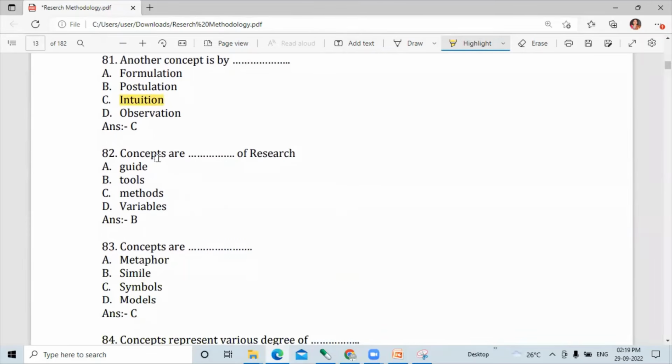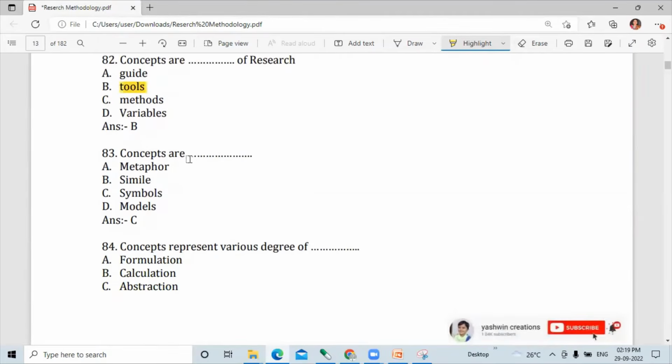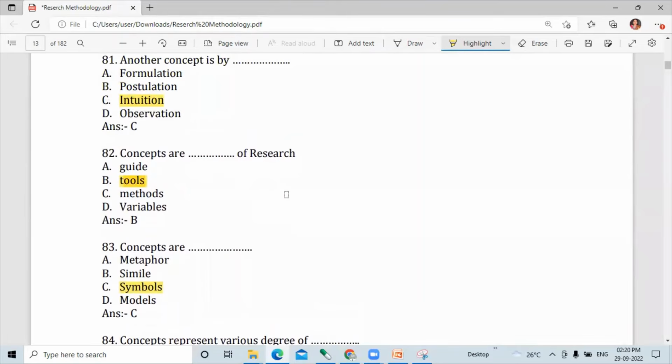Concepts are tools of research. Next, concepts are symbols. Concepts are tools of research.